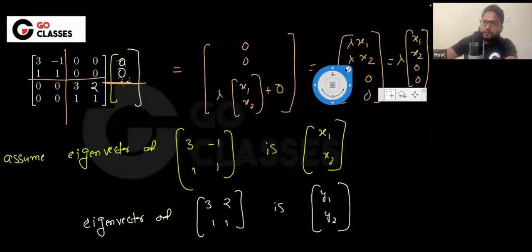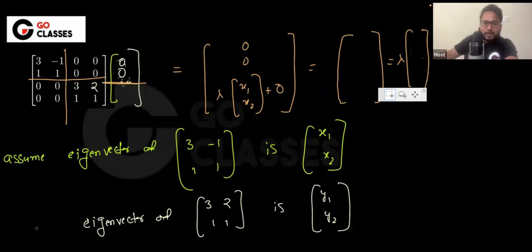Okay. So which means, what is the answer? If you do something like this, let's suppose this is by 1 by 2.